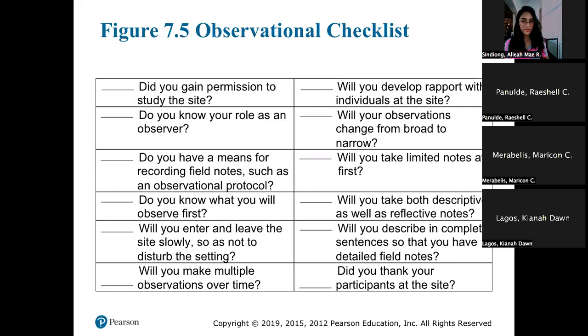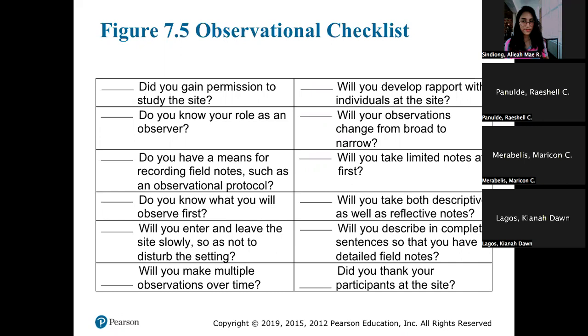Will you develop rapport with individuals at the site? Will your observations change from broad to narrow? Will you take limited notes at first? Will you take both descriptive as well as reflective notes? Will you write complete sentences so that you have detailed field notes? Did you thank your participants at the site?